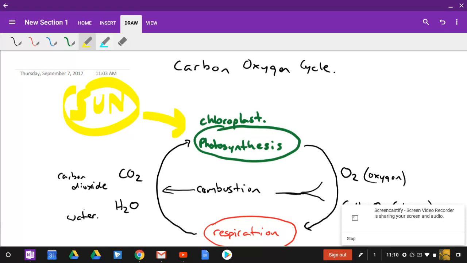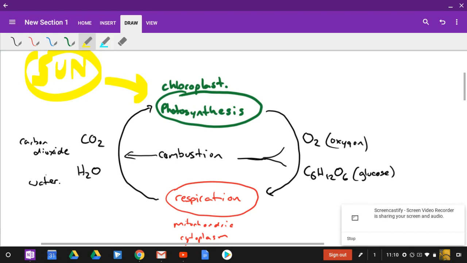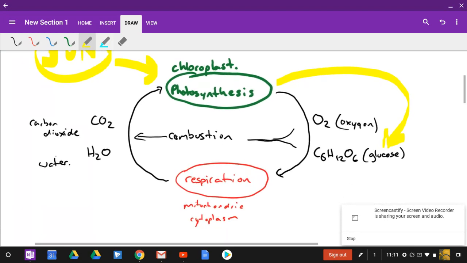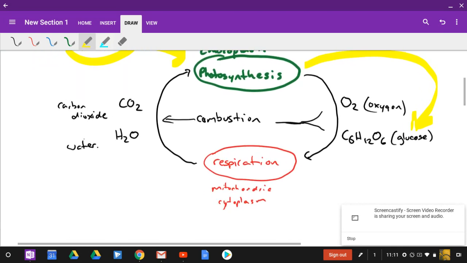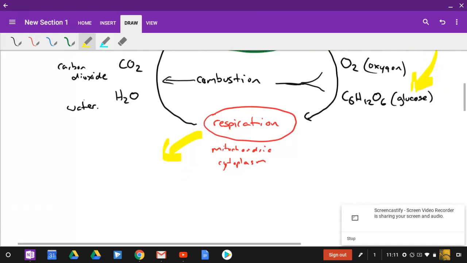The energy is captured by the chloroplast. Okay, and here's the amazing thing: the energy through photosynthesis is actually turned into the bonds of glucose. It's the bonds that hold those atoms together. Okay, and then cellular respiration takes that energy and it releases it to metabolism.